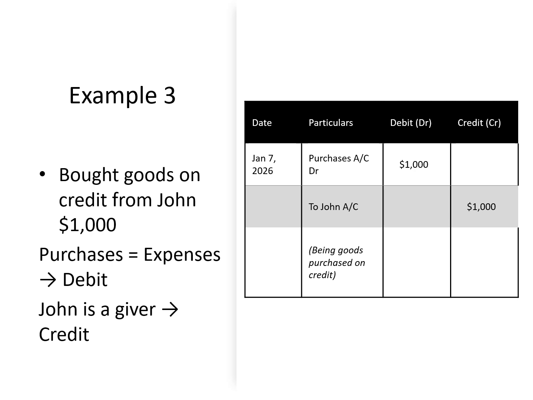If you look at the structure as well for example 3, we indicated the date, the particulars, the debit column having the $1,000 and the credit column having the $1,000. We indicated the narration as being goods purchased on credit.